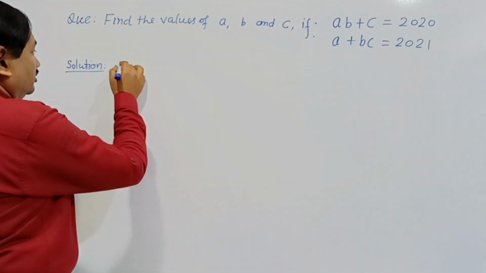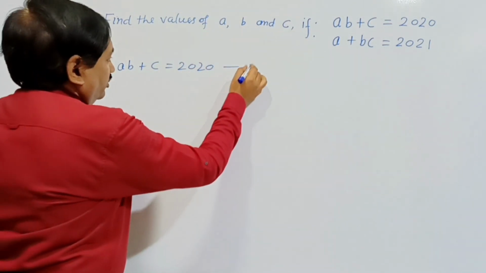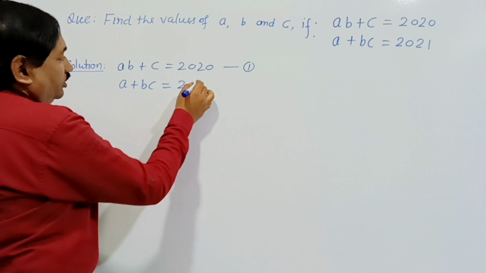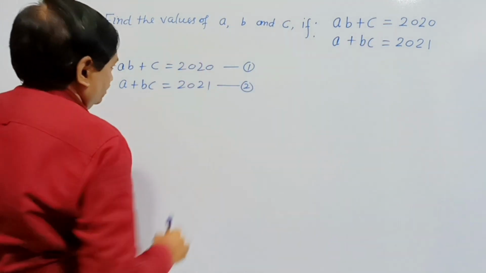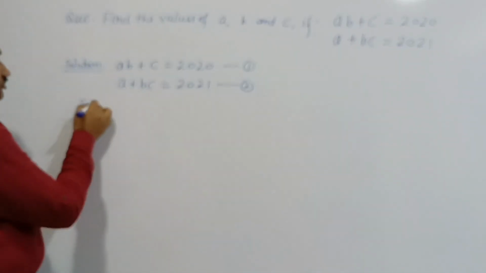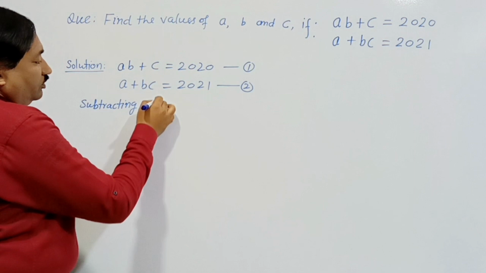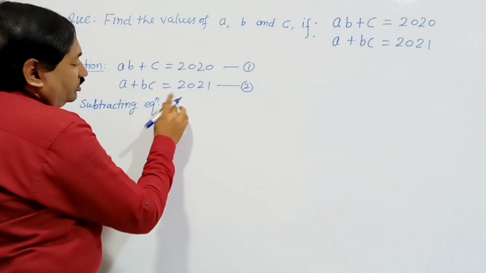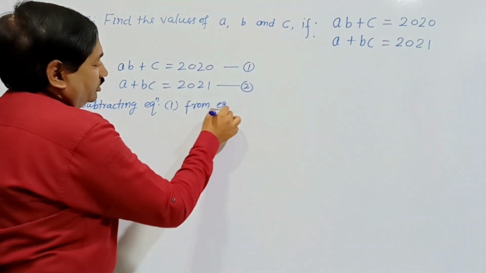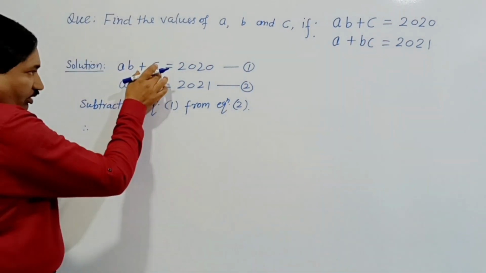Consider AB plus C equals 2020, equation 1, and A plus BC equals 2021, equation number 2. Now what do we have to do with these two equations? Subtracting equation 1 from equation 2.